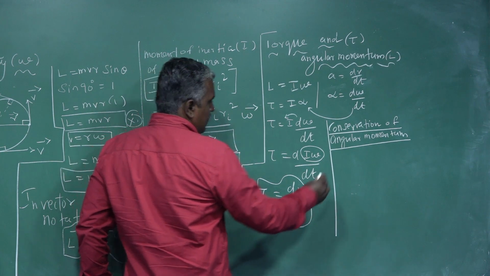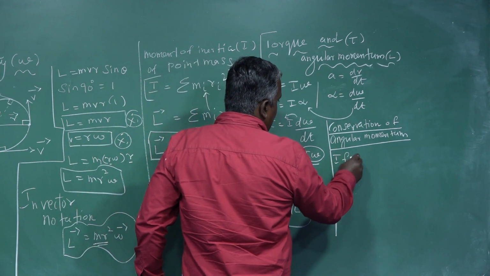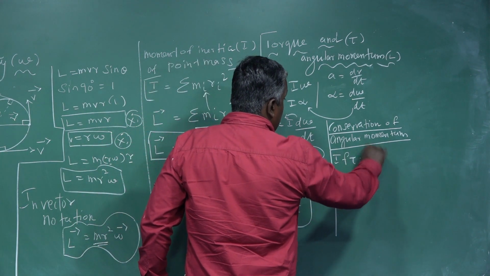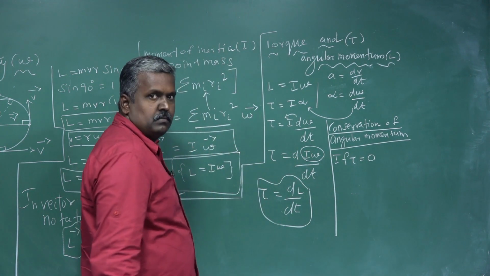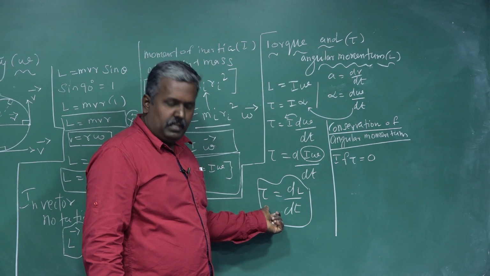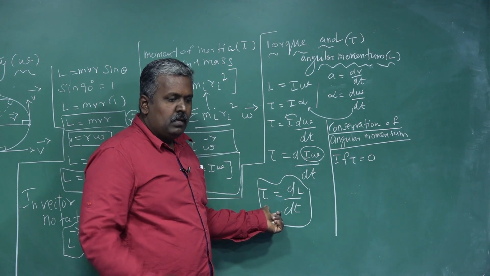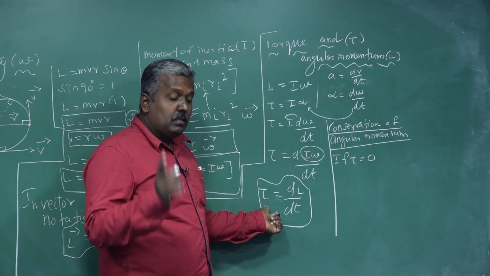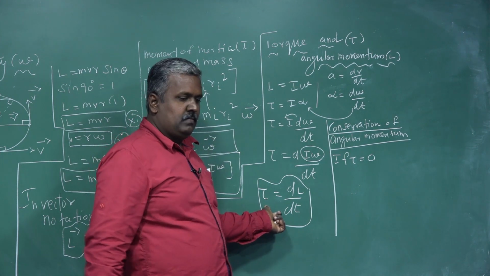In this term, if tau is equal to 0, it means external torque on the body is equal to 0, correct.